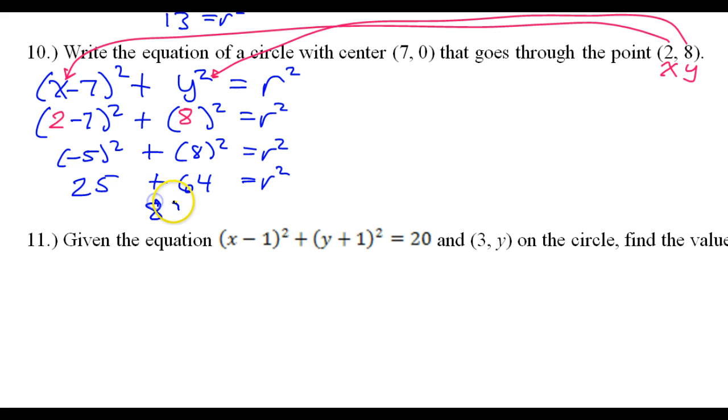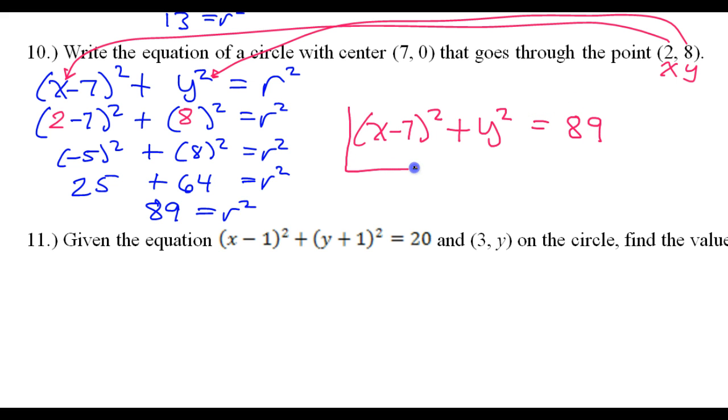So that's going to be 89 is the radius squared. And we're going to leave it just like that because radius squared is what we want. So the equation is going to be x minus 7 squared plus y squared is equal to 89.